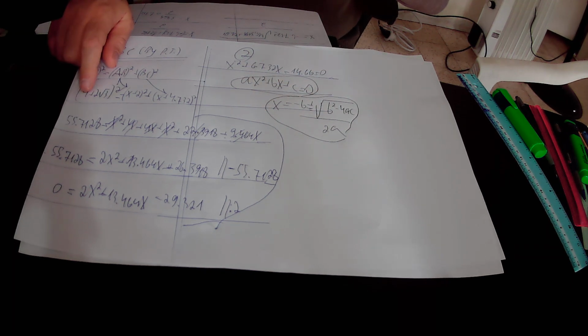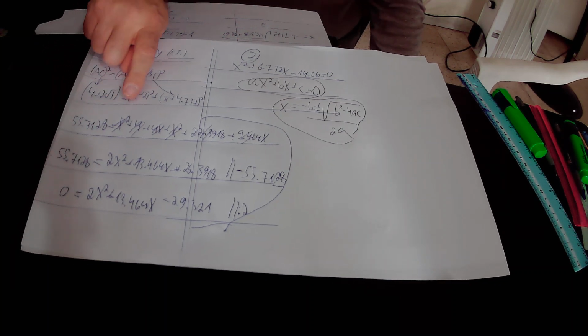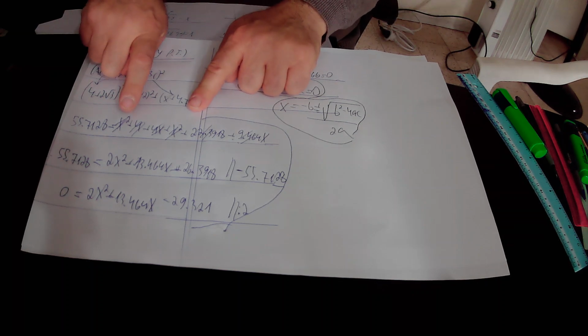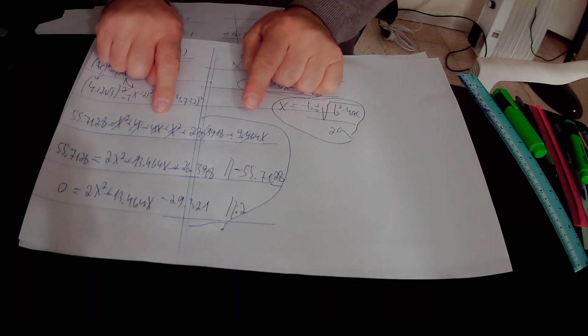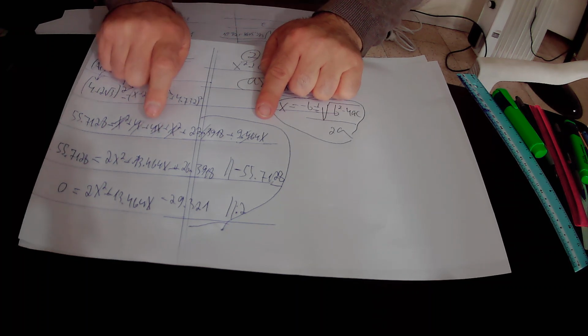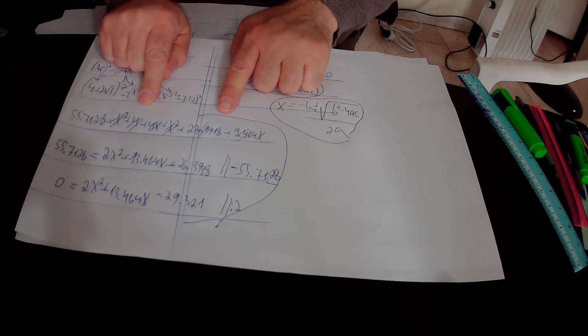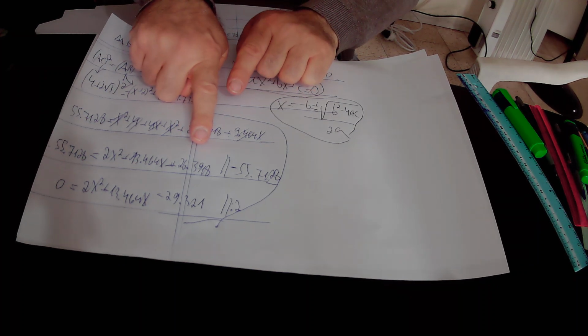So here, in this side of the equation, we have 55.7128, so I copy it here. And on the other side of the equation, we have x squared plus x squared is 2x squared, and we have 4x plus 9.464x equals 13.464x, and finally we have 4 plus 22.3918, that is 26.3918.